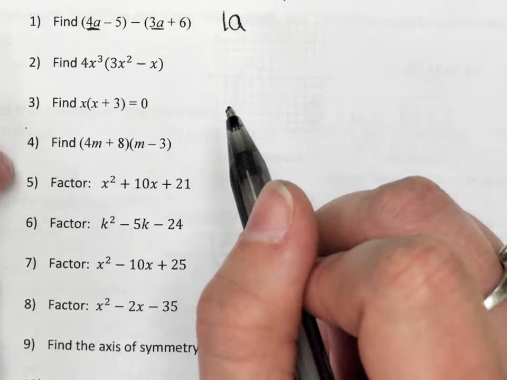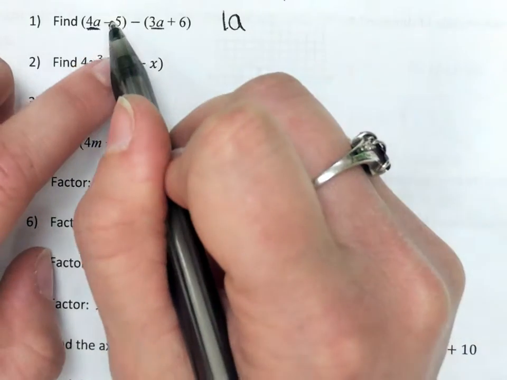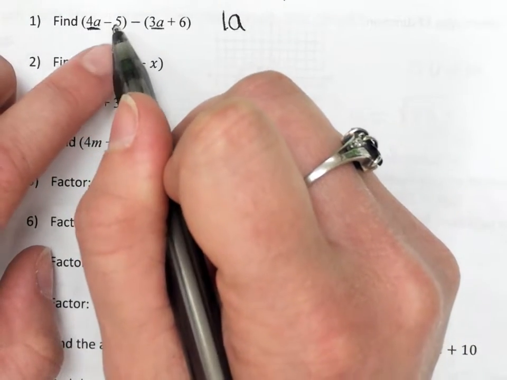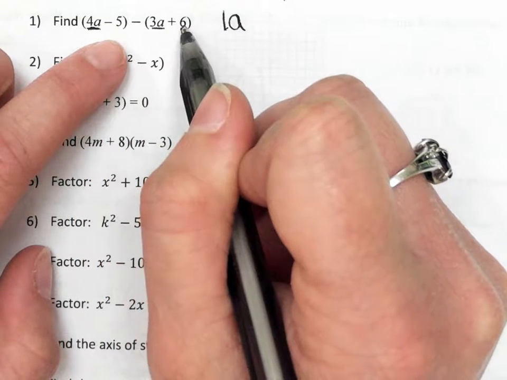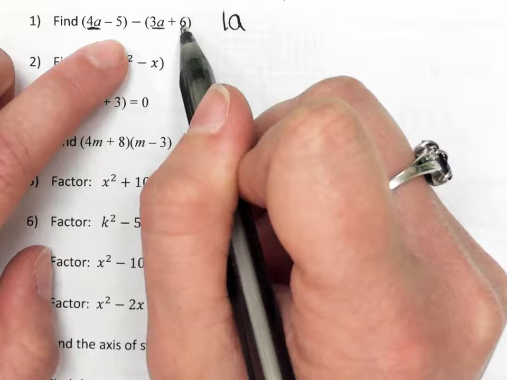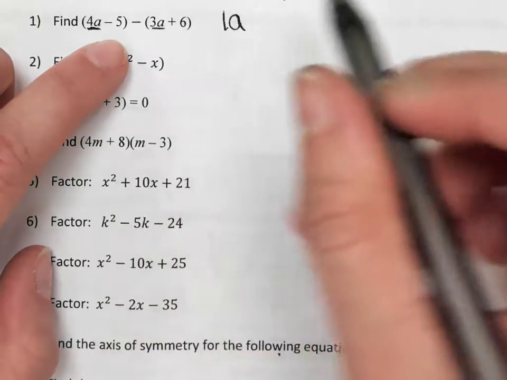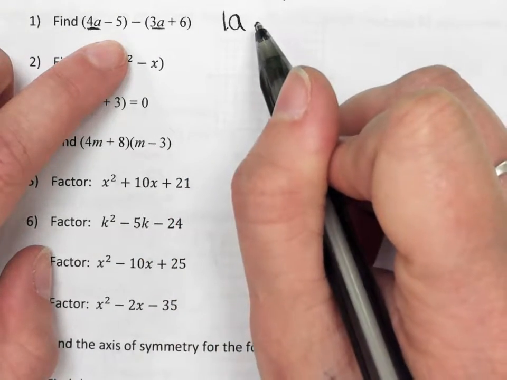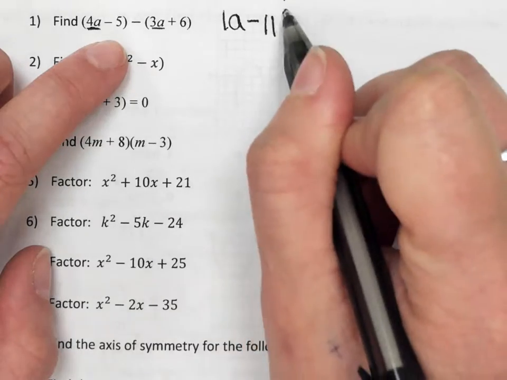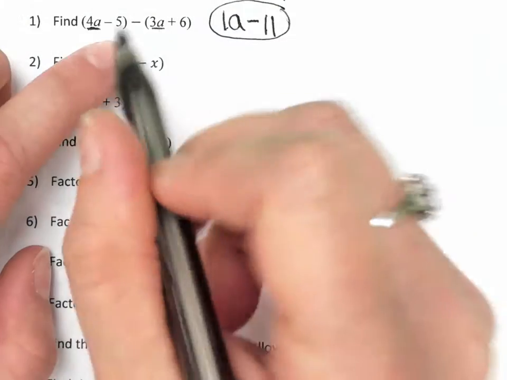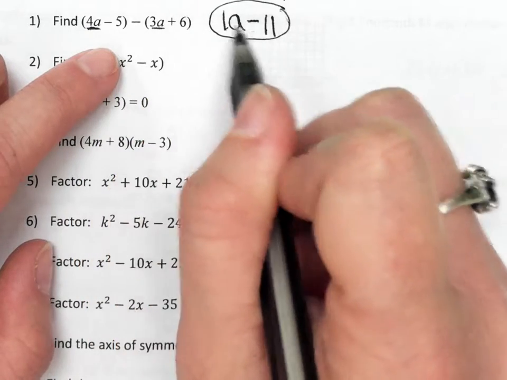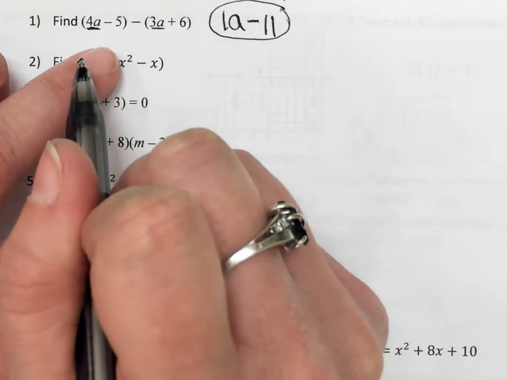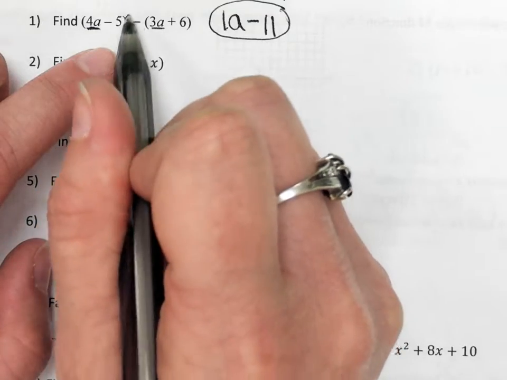All right, what else do you see that we could subtract? What's that say? Negative 5 minus 6. Use your calculator. Negative 5 minus 6. How much? Negative 11. Negative 5 subtract 6 is negative 11.